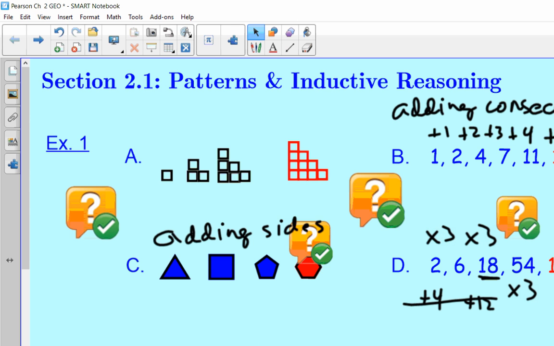All right. So hopefully that was pretty straightforward for you. If you'll write down this definition for a counterexample, this is going to be pretty important. We're going to use this for a while.